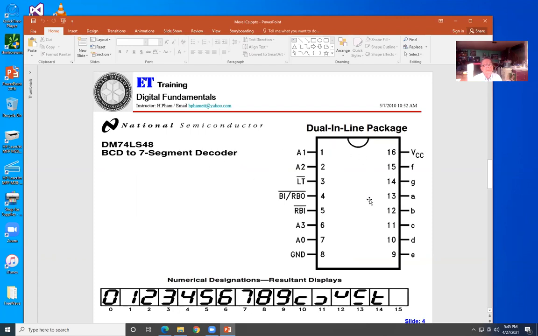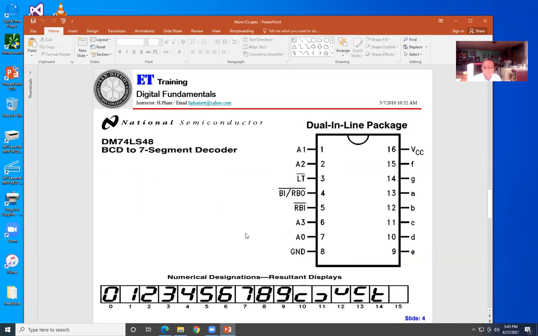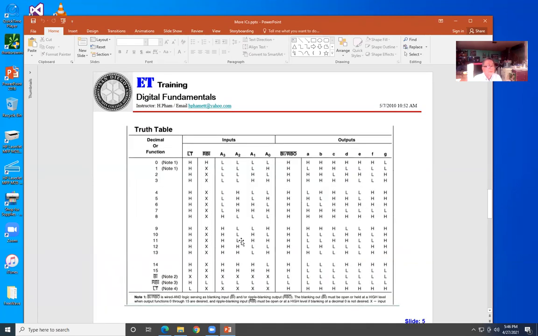Basically this is a 7 segment. They will be converting from BCD to decimal. The thing is, it is to interface to the human. Humans deal with decimal, not binary.